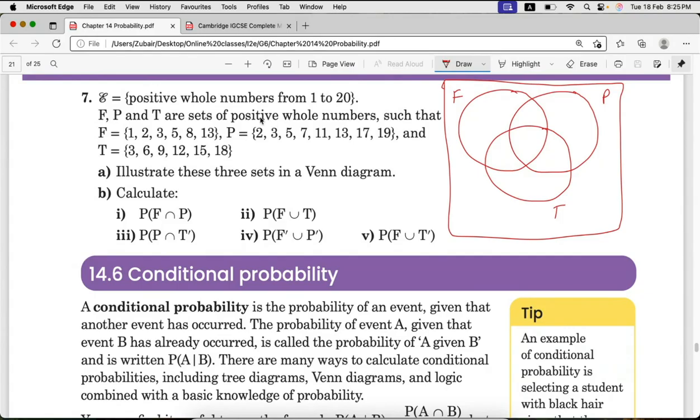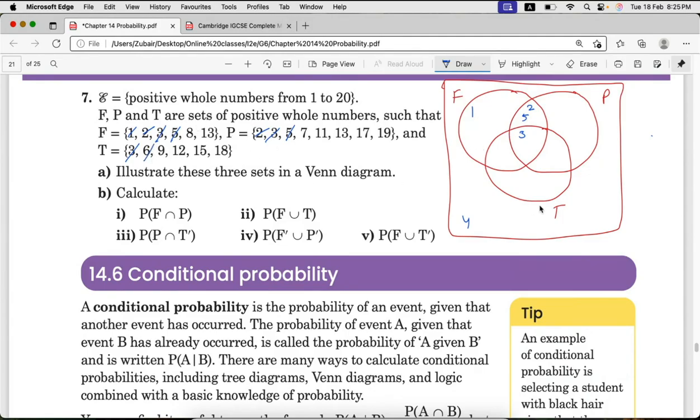So 1 is only in F. 2 is in F and P. 3 is in all three of them. 4 is in none. 5 is in F and P.